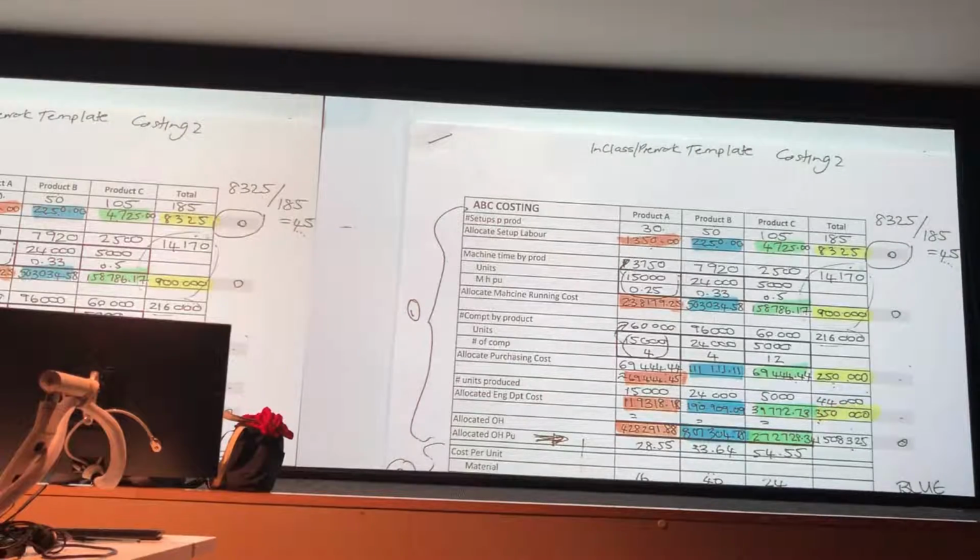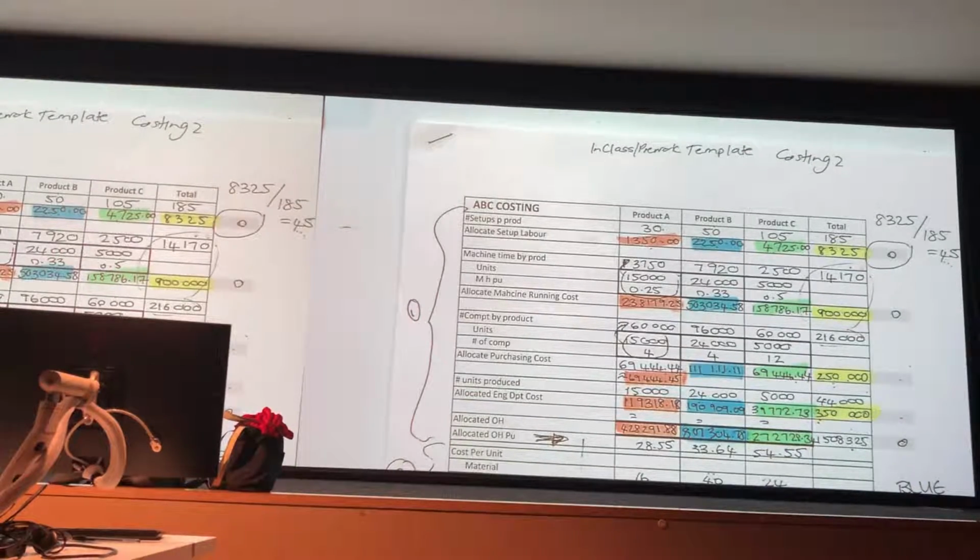So if you were to rewrite your numbers so that all the products had 24,000 units, you would notice that product C would be more expensive when it comes to machine because it takes more machine hours per unit, therefore the cost that it bears from the machine should be proportionally more.